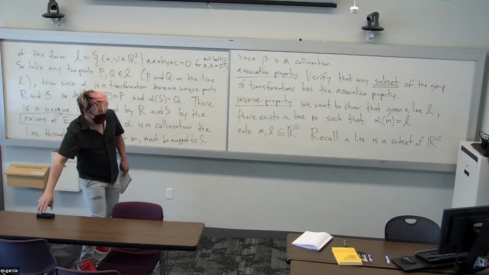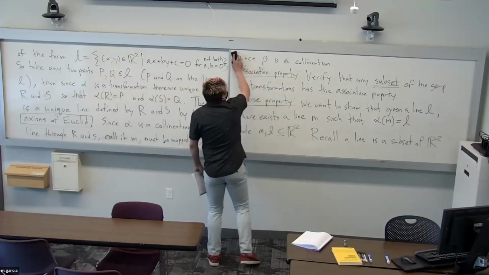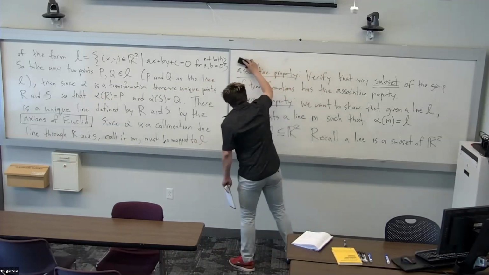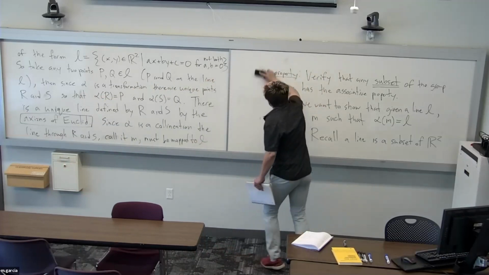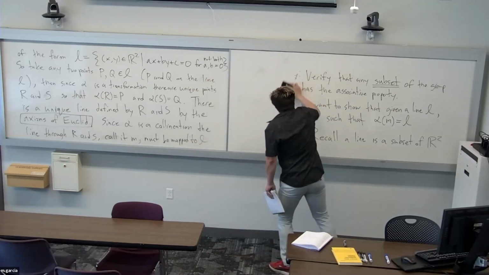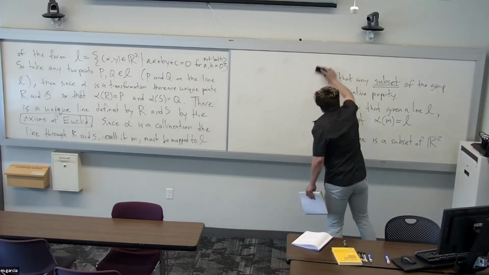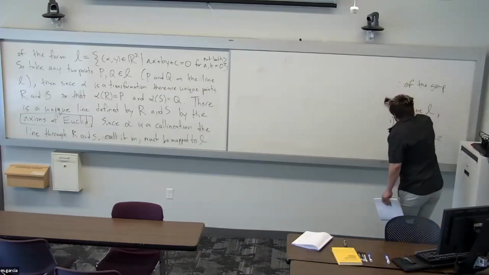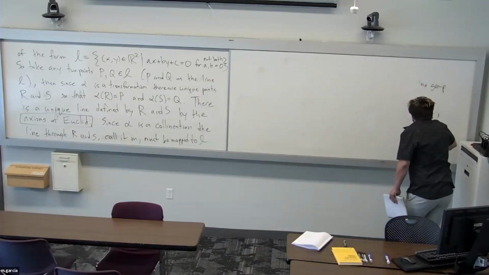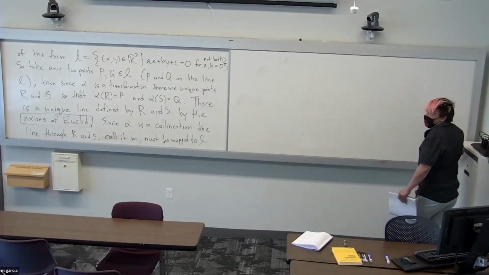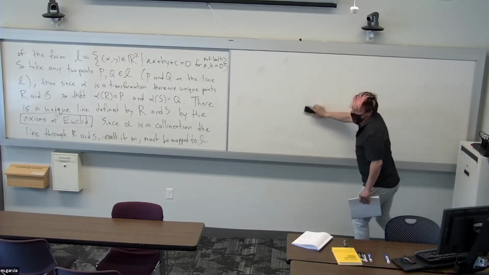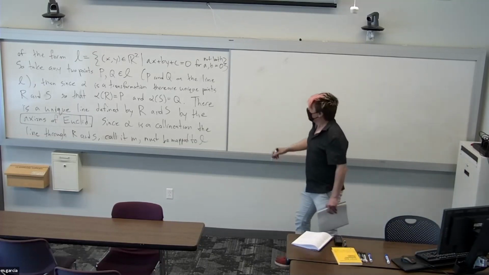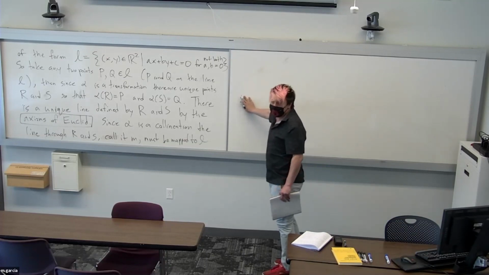Okay, and again, this is a technically correct thing to say, but we don't really have the notation to make it precise. But what we're saying is that a collineation is surjective on lines. So I'll put that in quotation marks.